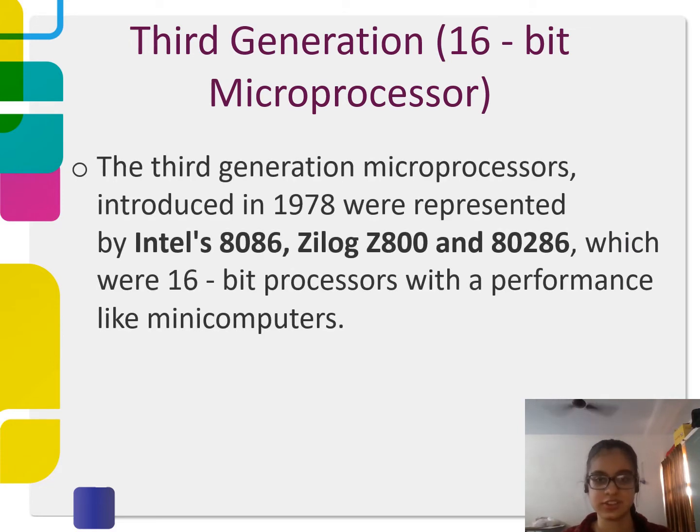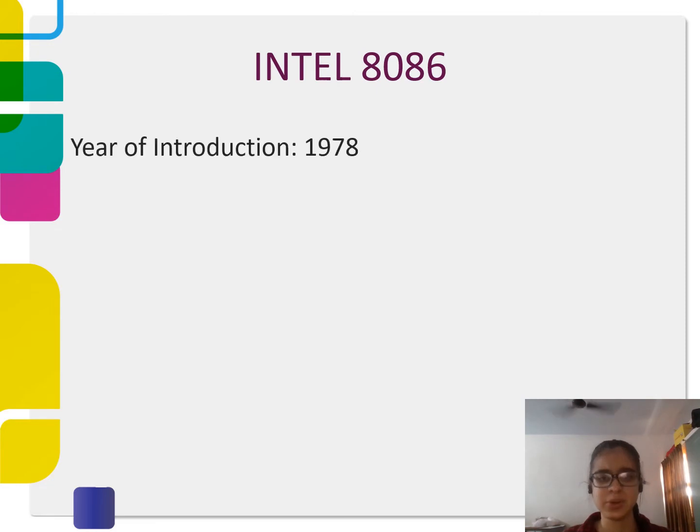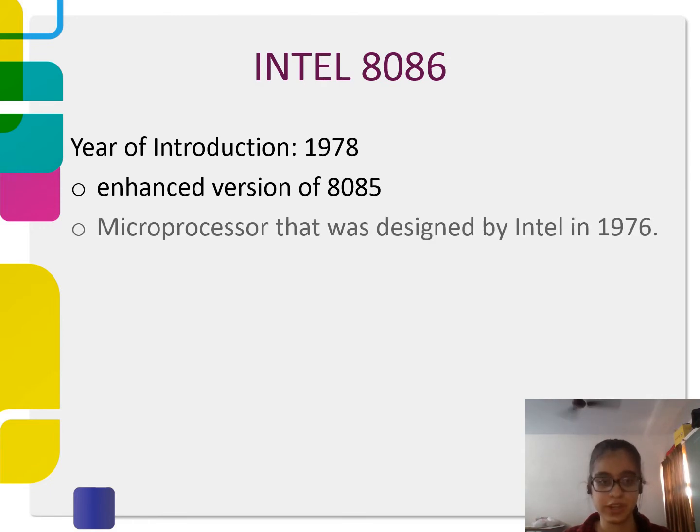Now third generation, 16-bit microprocessor. The third generation microprocessors were introduced in 1978, represented by Intel's 8086, Zilog Z8000 and 80286, which were 16-bit microprocessors with a performance like minicomputers. Intel 8086: year of introduction was 1978, an enhanced version of 8085.